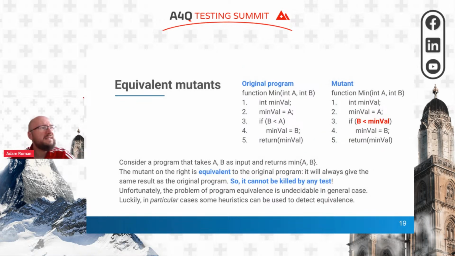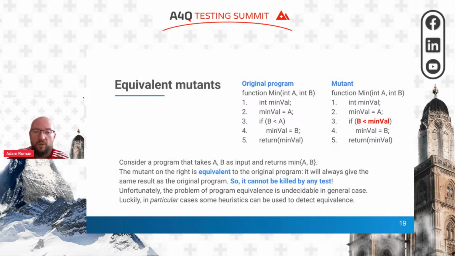Now, there is a small problem with some mutants, because it may happen that when we apply a mutation operator to our code, it may transform the program in a way that the program is still equivalent to the original one.